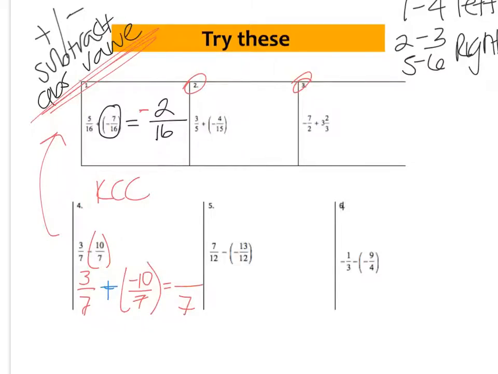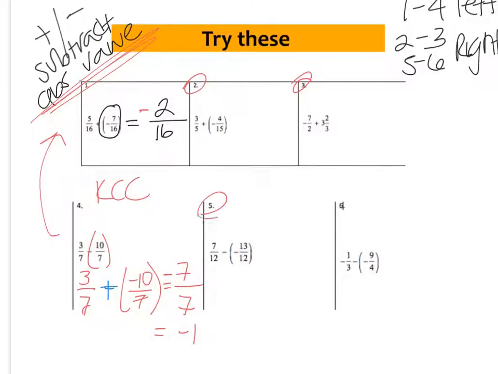We're going to subtract 10 minus 3 also gives me 7. And then I'm going to keep the sign of the one with the greater absolute value. Since they have the same denominator, I'm going to look at the negative 10 and the 3. 10 is a bigger number and it's negative, so my answer is also going to be negative. Negative 7 over 7 can be simplified as negative 1. So make sure you always simplify your fractions.